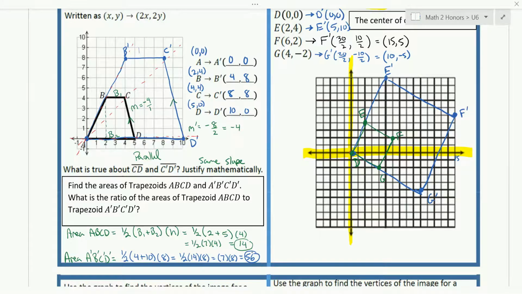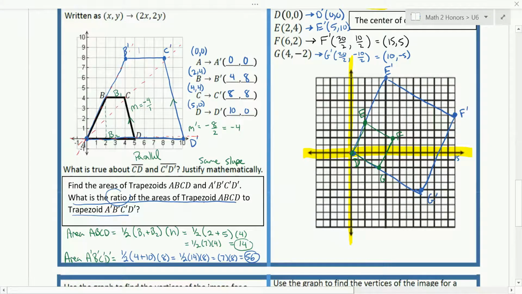All right, did we finish this problem? Did we do everything it asked? There's one more thing. What's the ratio of the areas of the trapezoid ABCD to the other trapezoid? So a ratio is a fraction. And when you make a fraction of these two numbers, the 14 and 56, which one goes in the numerator?